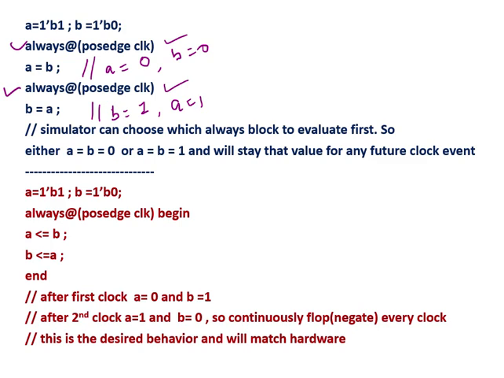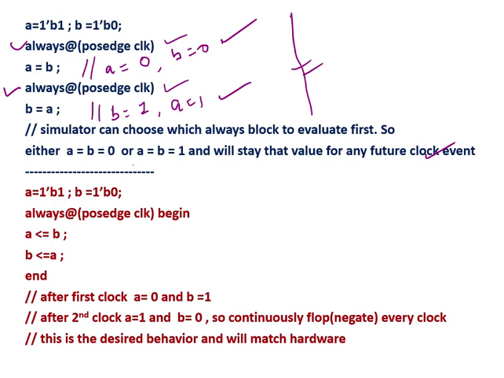So either a equal to b equal to 0 we will get all the time, or a equal to b equal to 1 we will get all the time, and that value will stay that way for any future clock event. This is what happens if you run this piece of code.